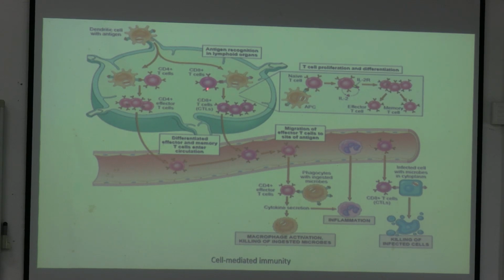The CD8 T cell is called a cytotoxic T lymphocyte, which directly kills the antigen-bearing cells. The CD4 plus cells differentiate into effector and memory cells, with migration of effector T cells to the site of antigen, and they produce cytokines. By production of cytokines, macrophage activation occurs, inflammation occurs, and ultimately cell death occurs.